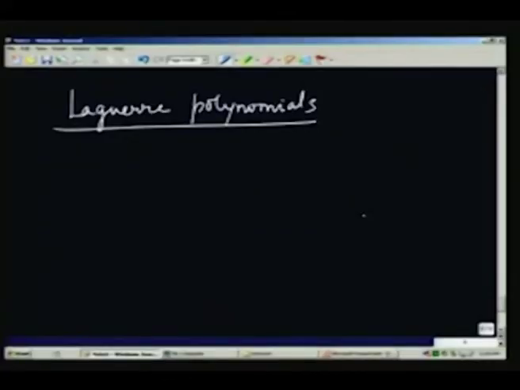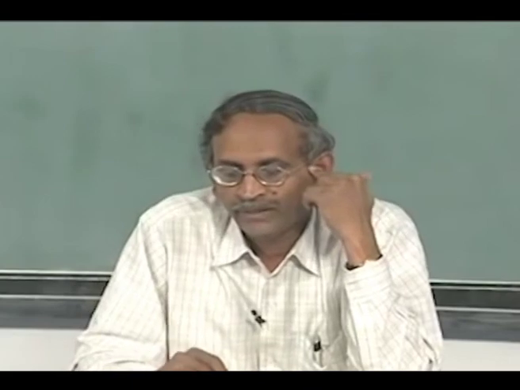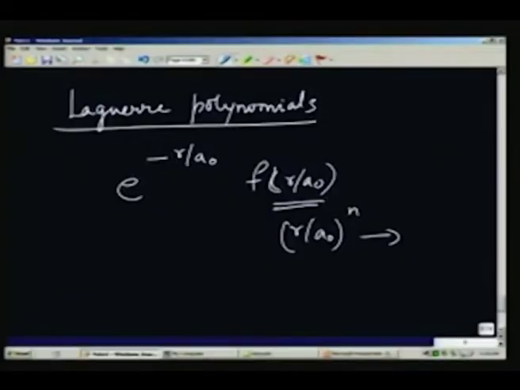Recall, if you have a function e to the minus r by some a naught, and if you have a polynomial of r by a naught again, which is essentially r by a naught to the nth power being the leading term, where n is 1, 2, 3, etc. Remember that eventually e to the minus r by a naught makes this whole product vanish.